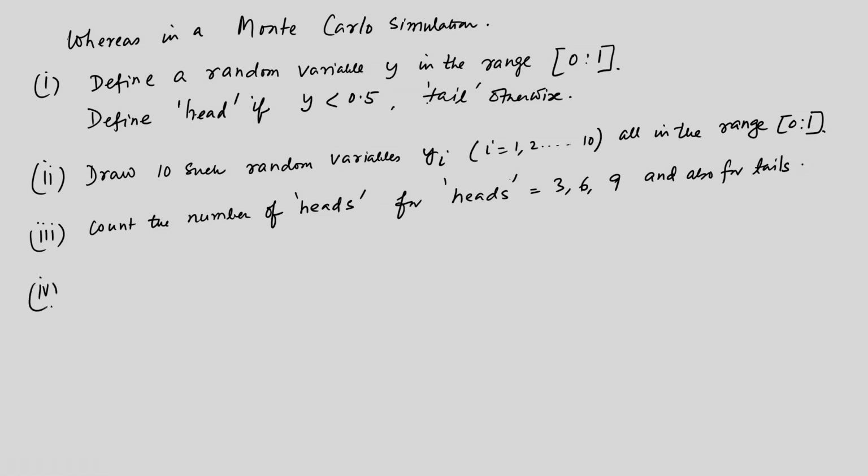Then as a fourth step, repeat 2 and 3 n times, where n is significantly large.